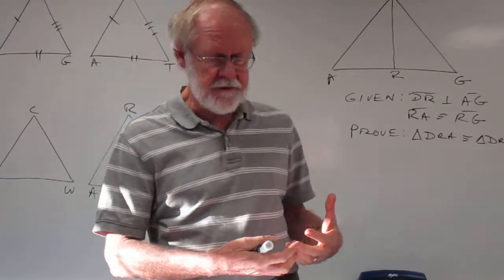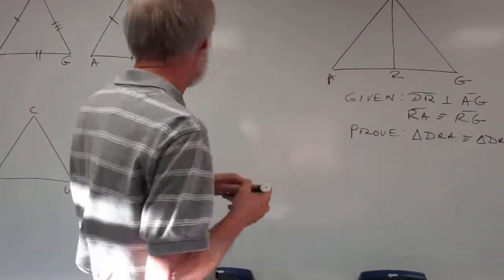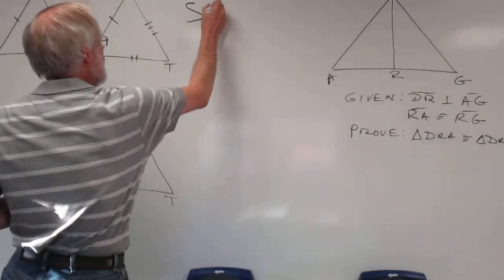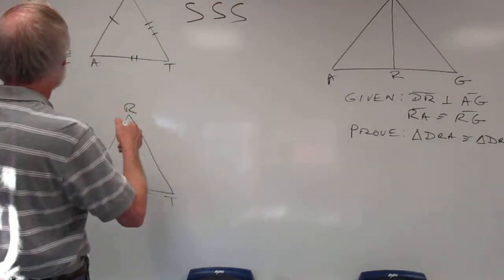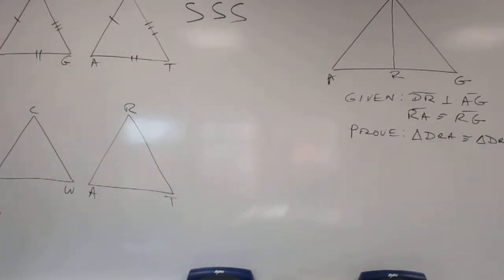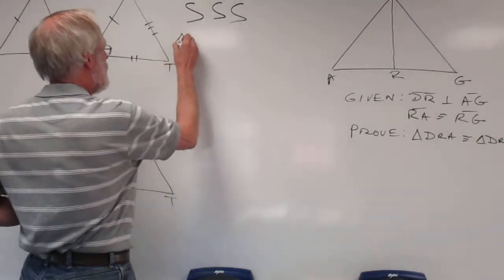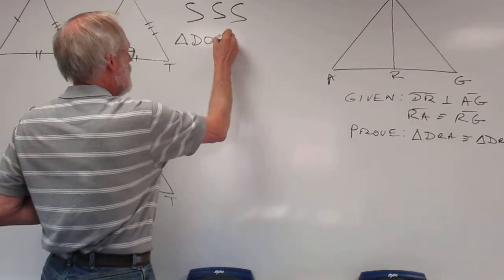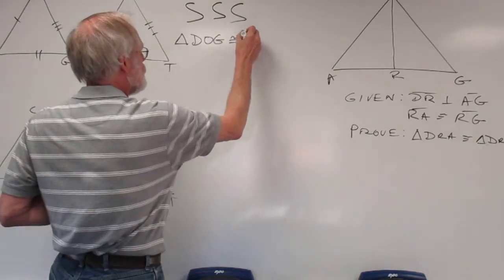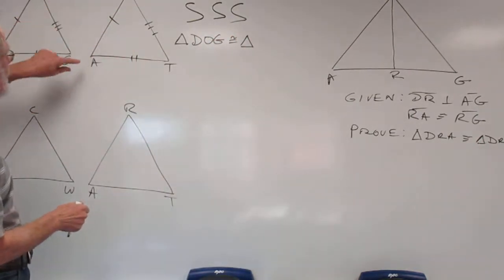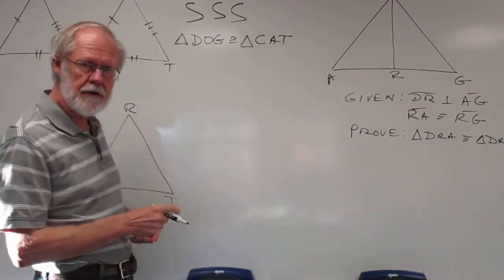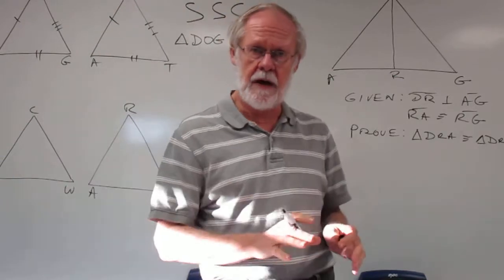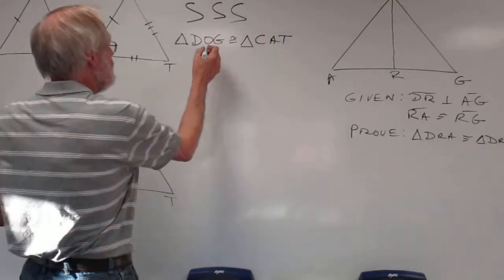And that is enough to establish that the 2 triangles are congruent, and that would be by SSS, side, side, side. We can then say triangle DOG is congruent to triangle CAT.